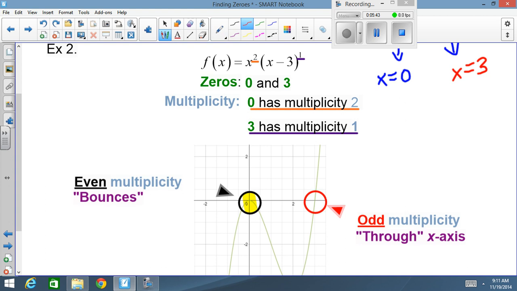So as you approach from this way, I'm not going to cross the x, I'm just going to hit it and go down. And then as I come back up over here, because the multiplicity of 3 was a 1, a multiplicity of 1 means that you just go right through that x-axis. So zeros are either going to bounce off of the x or go through the x.